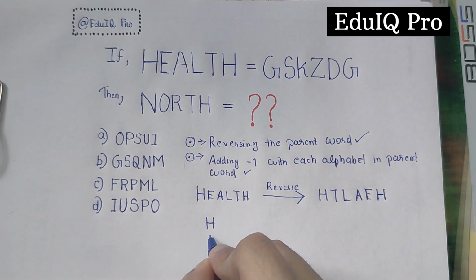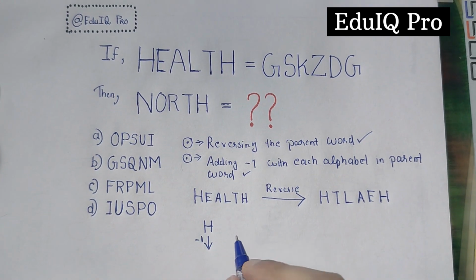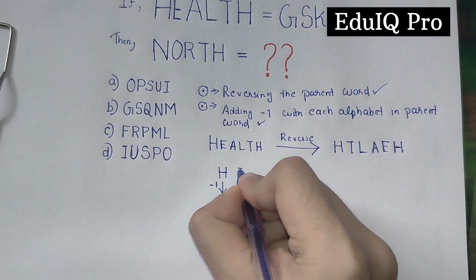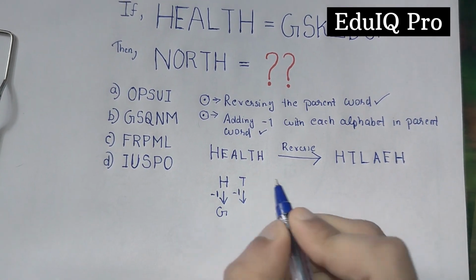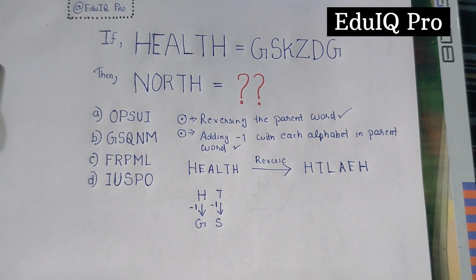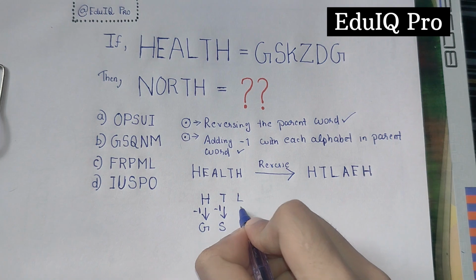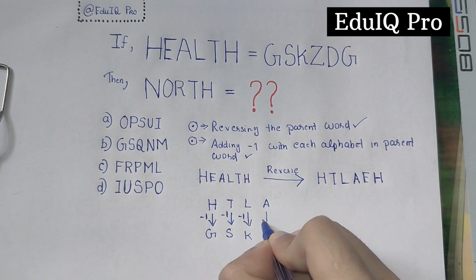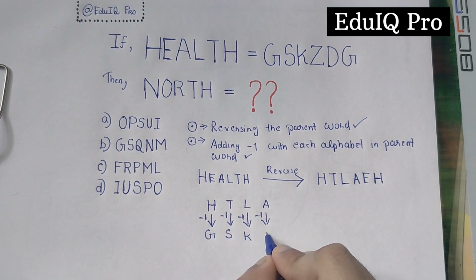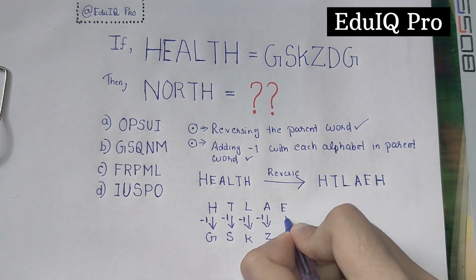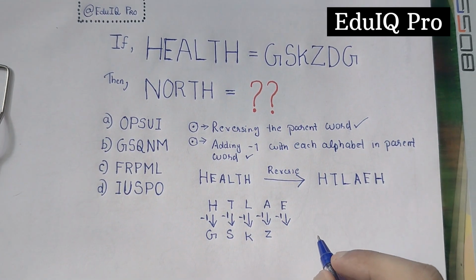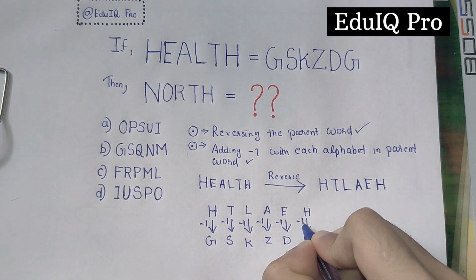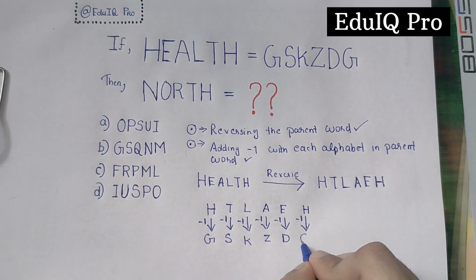Let me take the letter H, then add -1 to it, which gives the alphabet G. Similarly, taking T, adding -1 gives S. Taking L, again adding -1 gives K. Taking A, adding -1 gives Z. Taking E, adding -1 gives D. The final alphabet H, again adding -1 gives G.